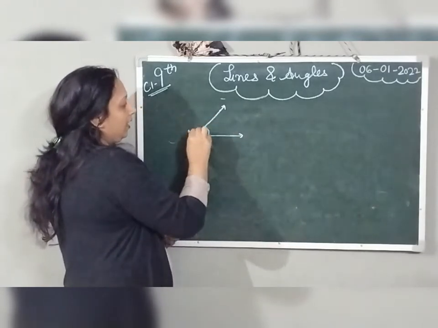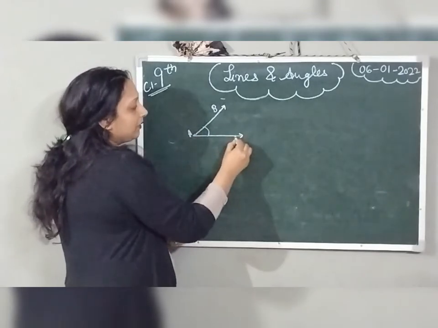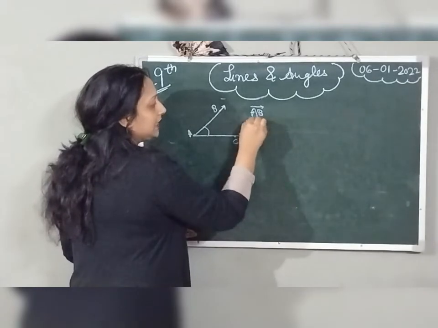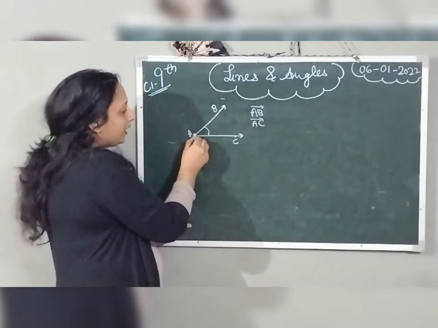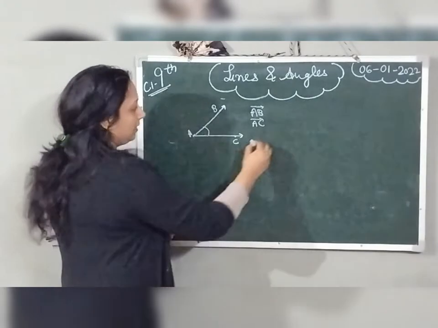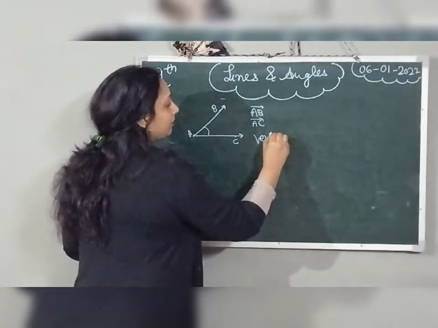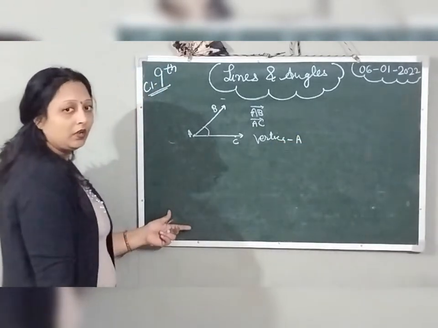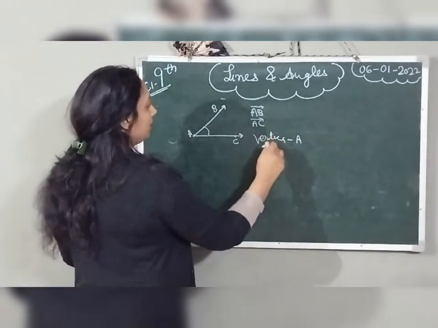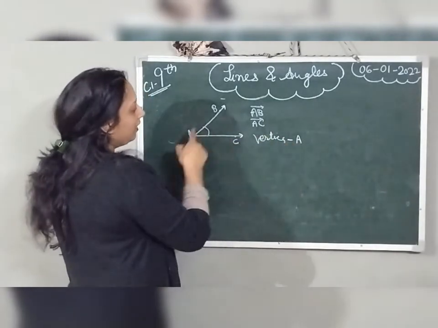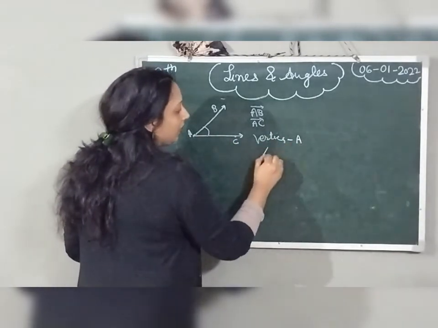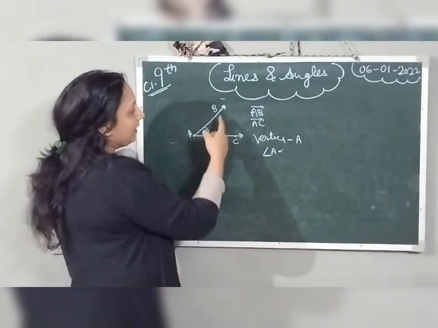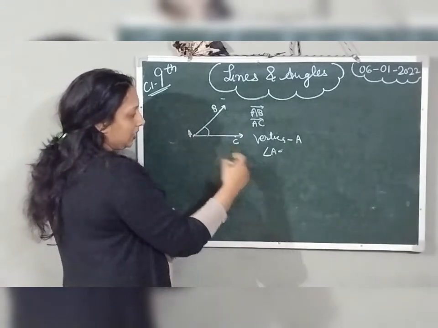Here is a ray AB and AC. There are two rays AB and AC, both meet at point A, that is called its vertex. So this vertex A is the angle A. We can say it is angle A, or we can write it angle BAC.